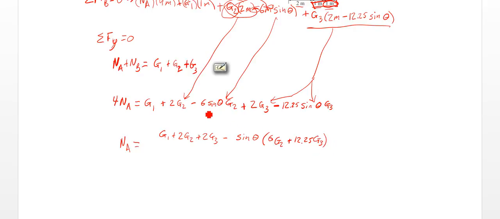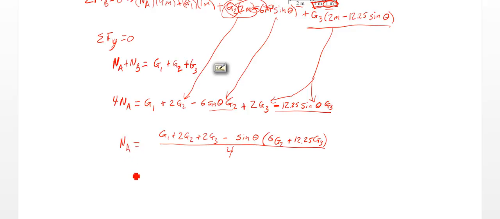So I combined this term and this term and took the sine theta out front here, and so this is plus, so I have the negative sine theta, so this is a plus 6G2 plus 12.25 G3, and that's all going to be over 4. And so as sine theta changes, I can calculate what that normal reaction at A is.